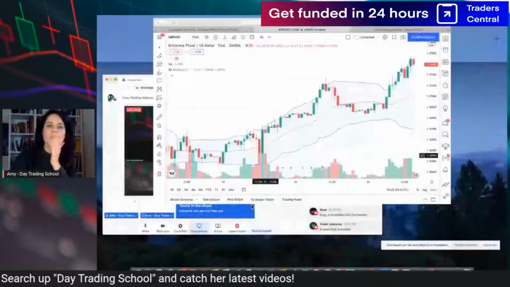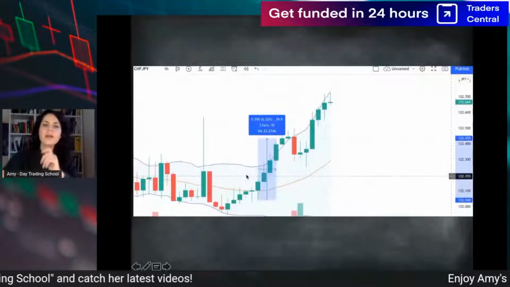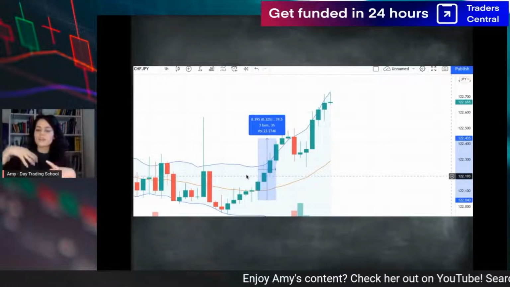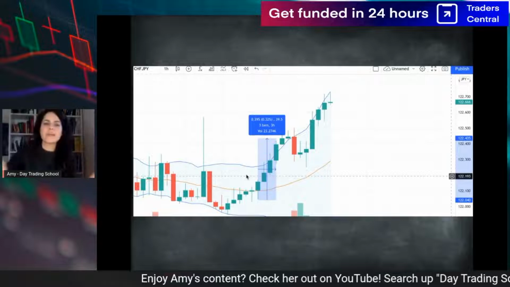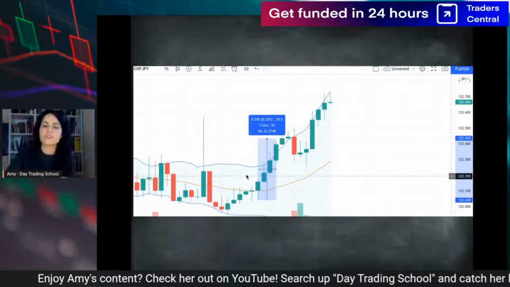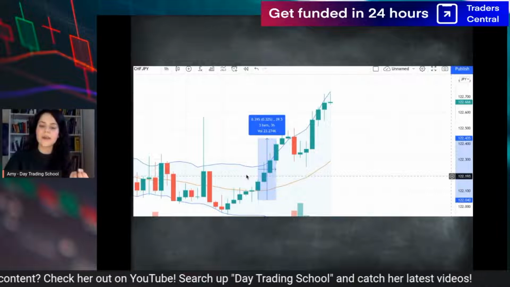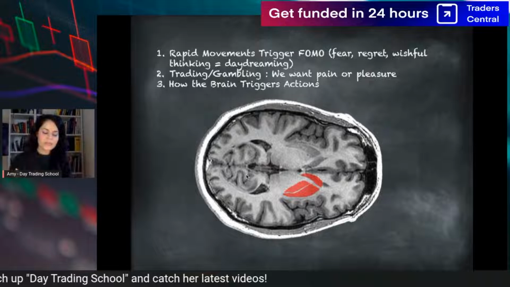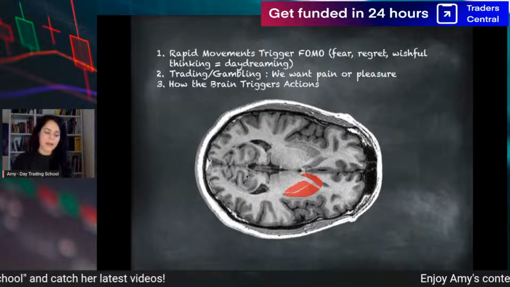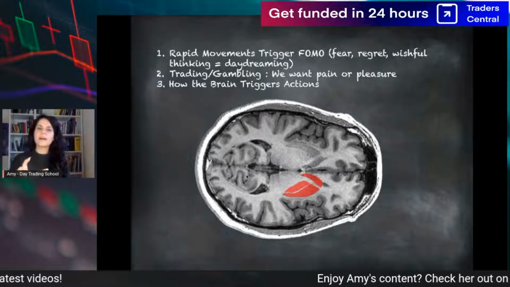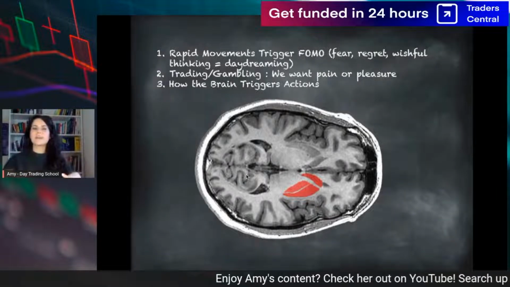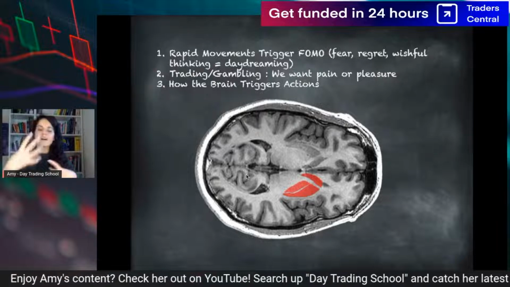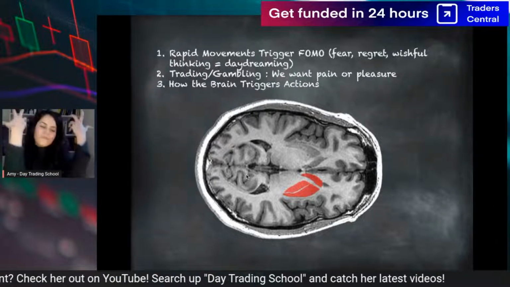And yeah, rapid movements. I actually want to talk about rapid movements. Let's say the London trading session is about to open and you see a rapid movement, and you can't catch that particular trade or price movement. What usually happens is it triggers a certain fear of missing out. Now, the problem with fear, regret or wishful thinking is that these are usually innate emotions, very basic emotions any human being has.